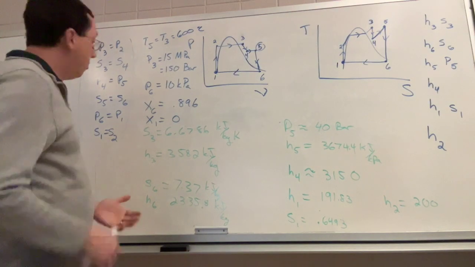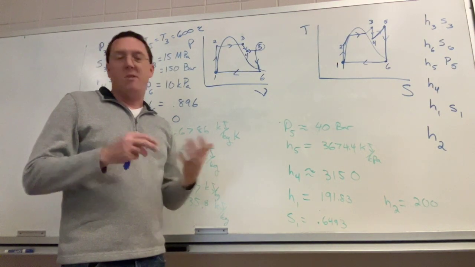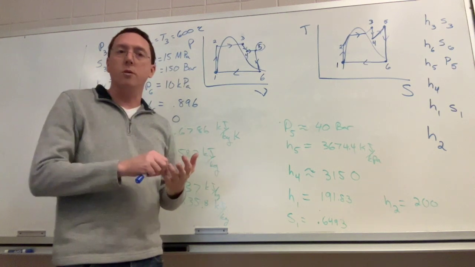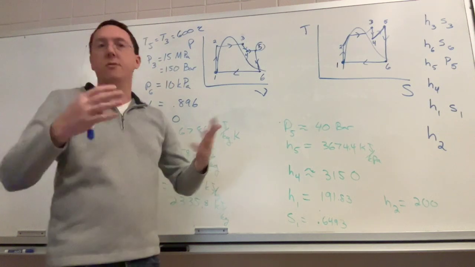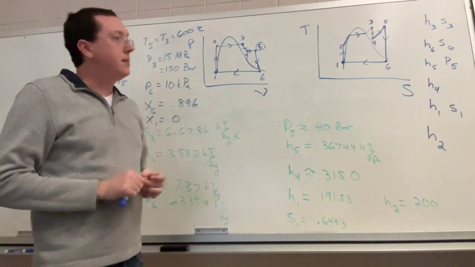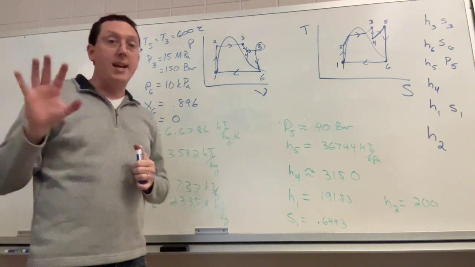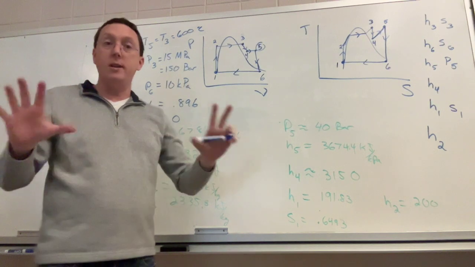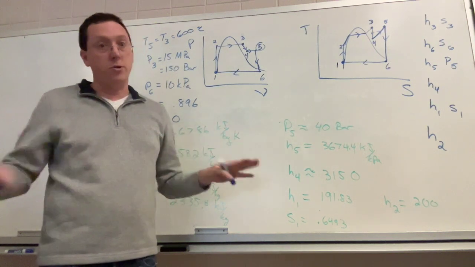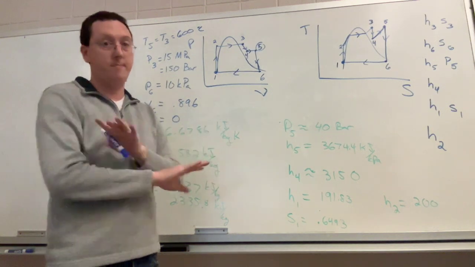Now, ultimately you're trying to find efficiencies, but that means you need to find heats and works, or powers and heat transfer rates, Q dot and W dot. To do that, you're going to need to find enthalpies. So for every state in one of these cycles, you have to find all the enthalpies. In this case, we have 6 states, so you have to find 6 enthalpies.